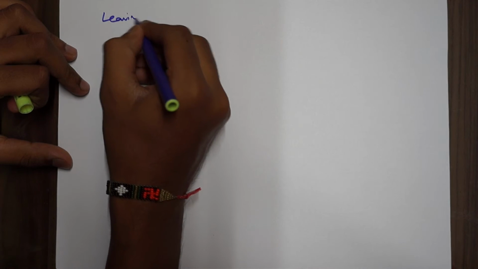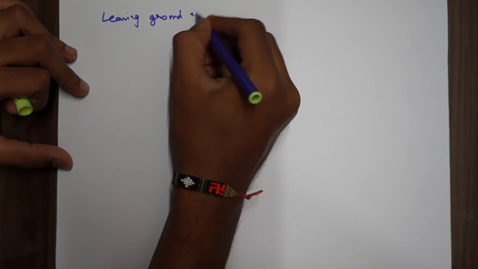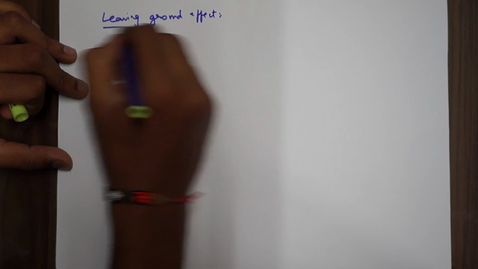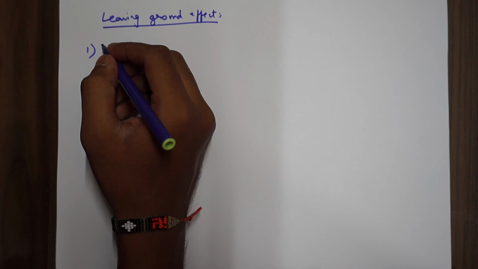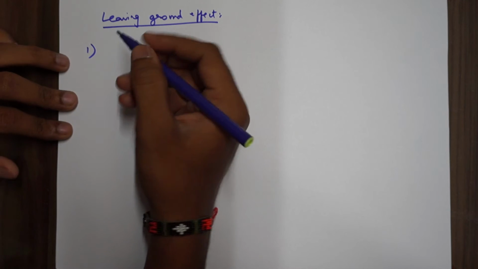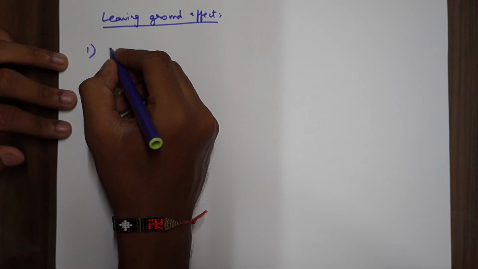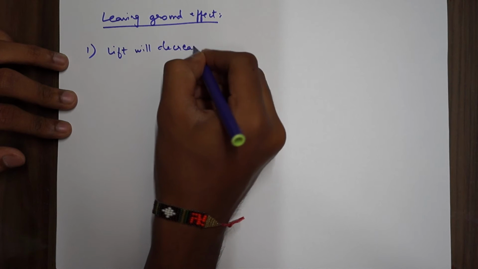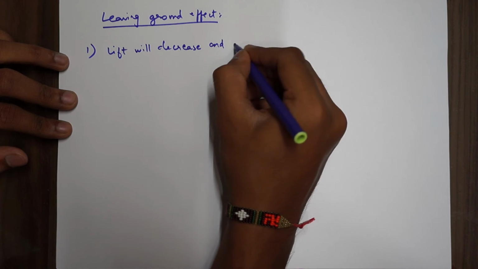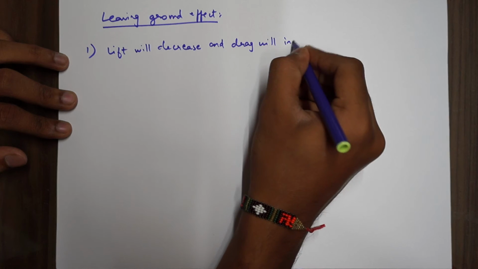Alright, so now we'll discuss the third part, leaving ground effect. First point: same as before, we'll keep the coefficient of lift constant and the indicated airspeed also constant. Generally, the effect of climbing out of ground effect will be the opposite of entering ground effect. So what happens is your lift will decrease and drag will increase.